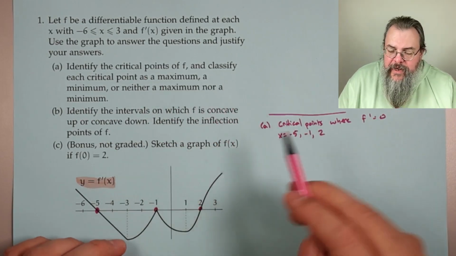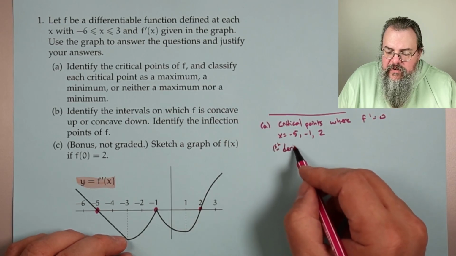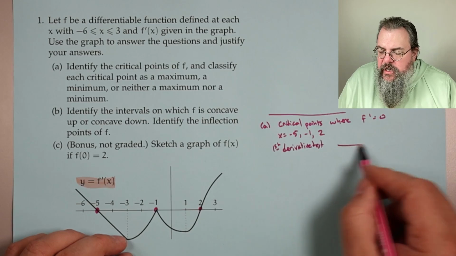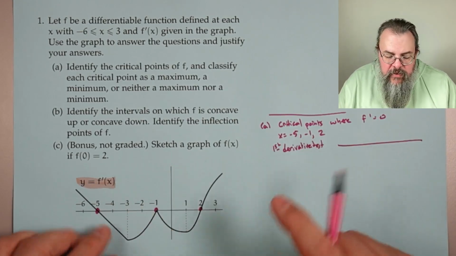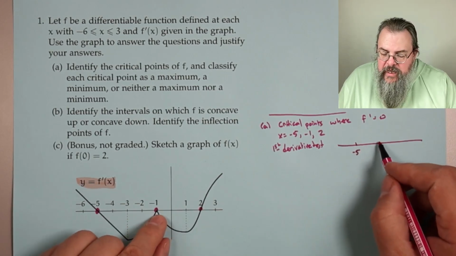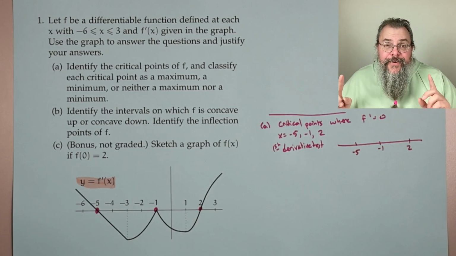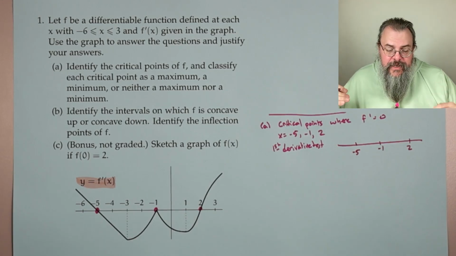We want to classify, so we're going to do a first derivative test. When you're doing a first derivative test, you draw your number line and you mark the locations. So it's these locations here: -5, -1, 2.